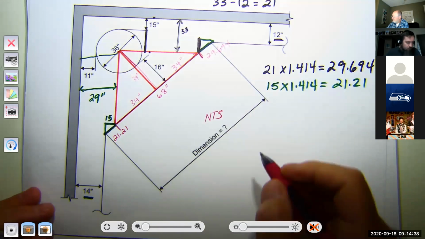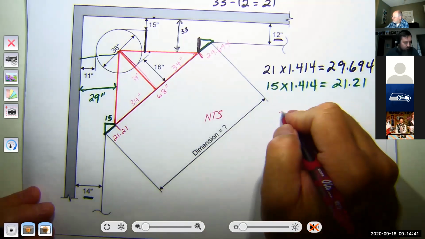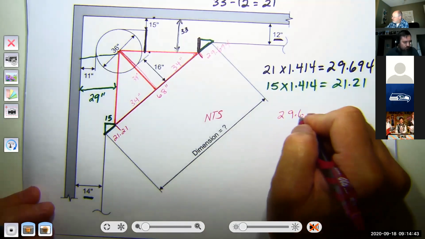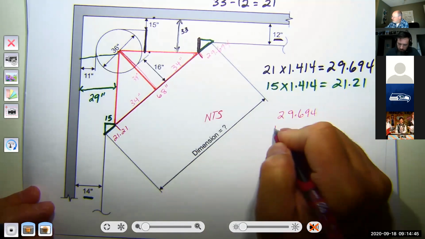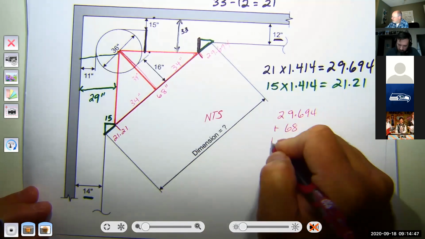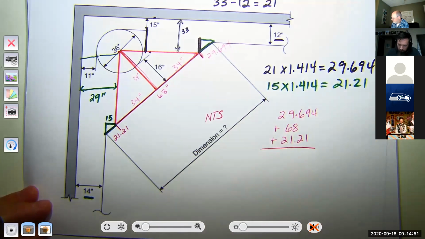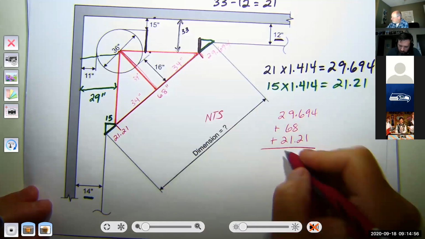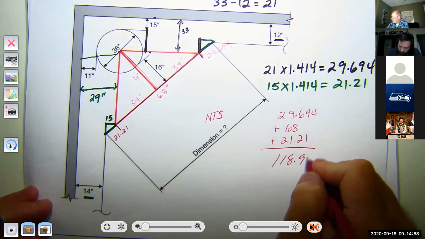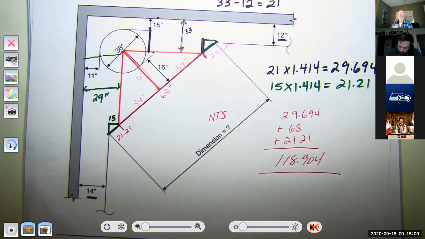And I simply have to add them all together. So the 29.694 plus 68 plus 21.21 is 118.904. There's my dimension.